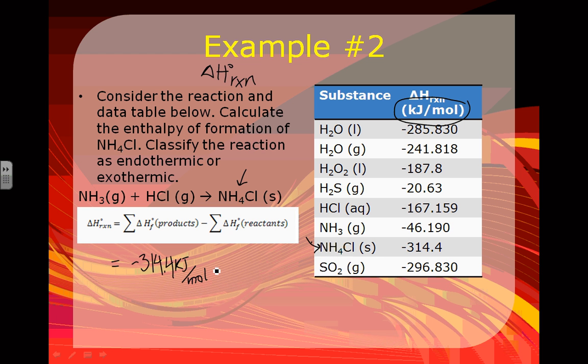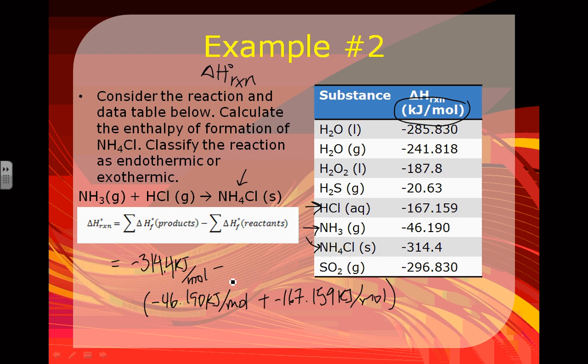Minus the sum of the reactants. We have two reactants, so I'm going to do a parentheses here. We have ammonia and we have hydrochloric acid. So we're going to do negative 46.190 kilojoules per mole plus negative 167.159 kilojoules per mole.